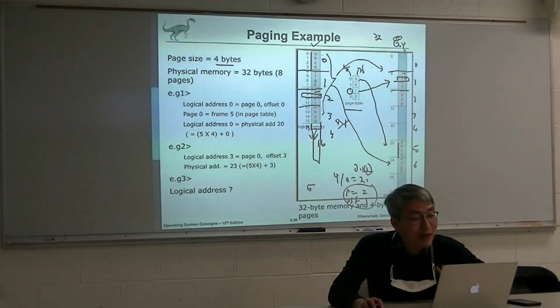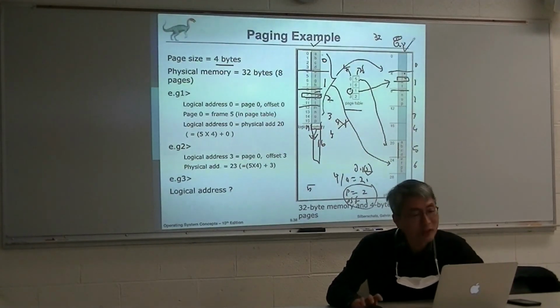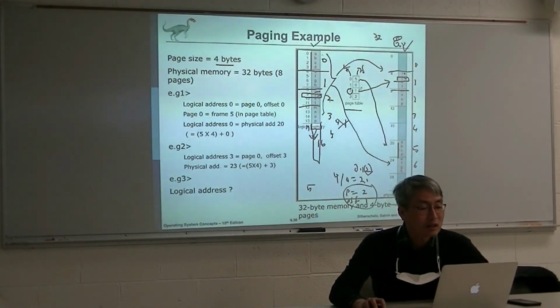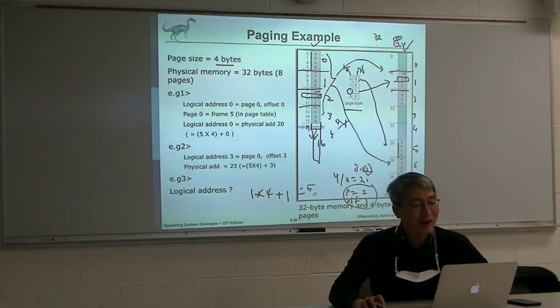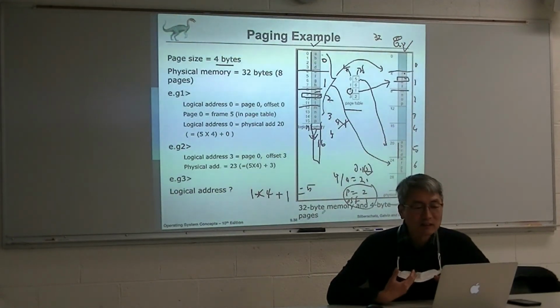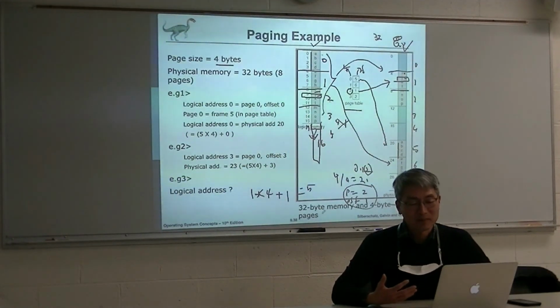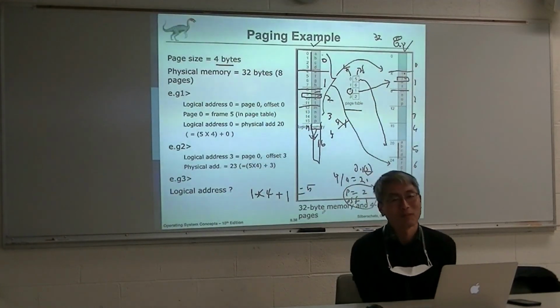However, if we do not have such a diagram, we are still able to calculate. How? Page frame 1 is multiplied by the page size 4, plus the offset 1. So it's going to be 5. So we can determine the physical memory address. This is a good example for the final exam.